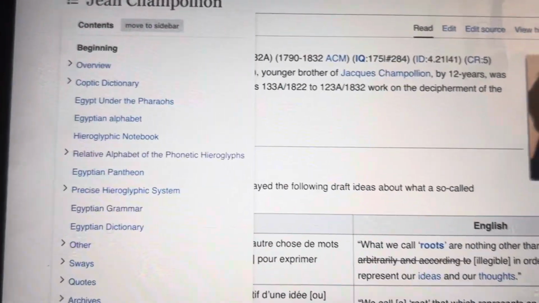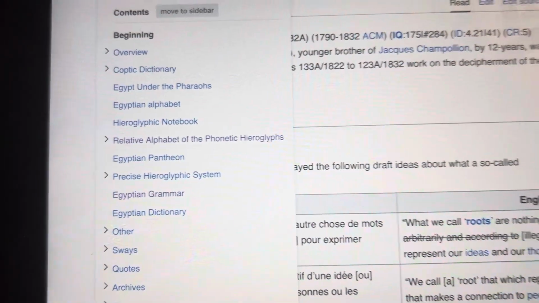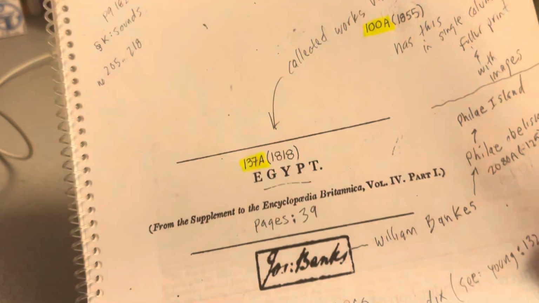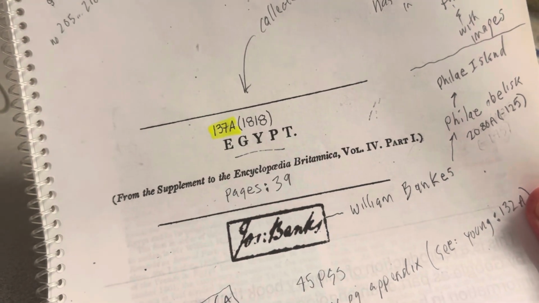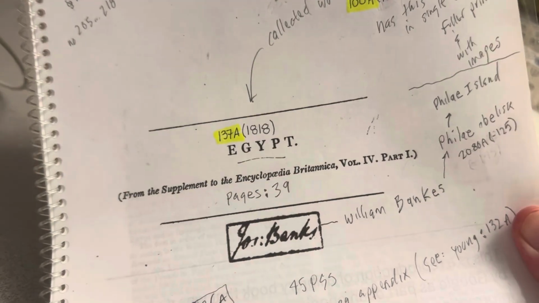Champollion first there was Thomas Young, who published a 39-page booklet titled Egypt. This was the starting point for Egyptology.